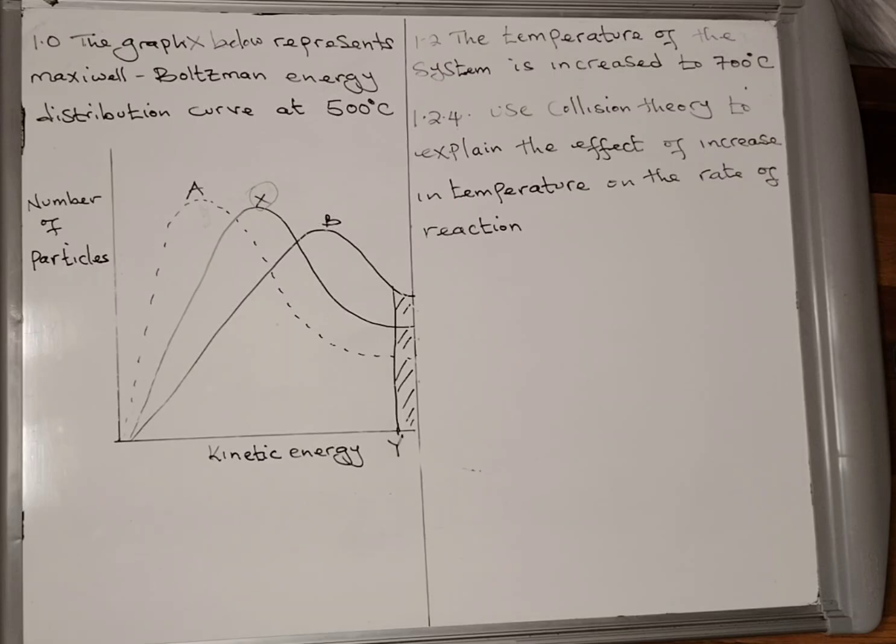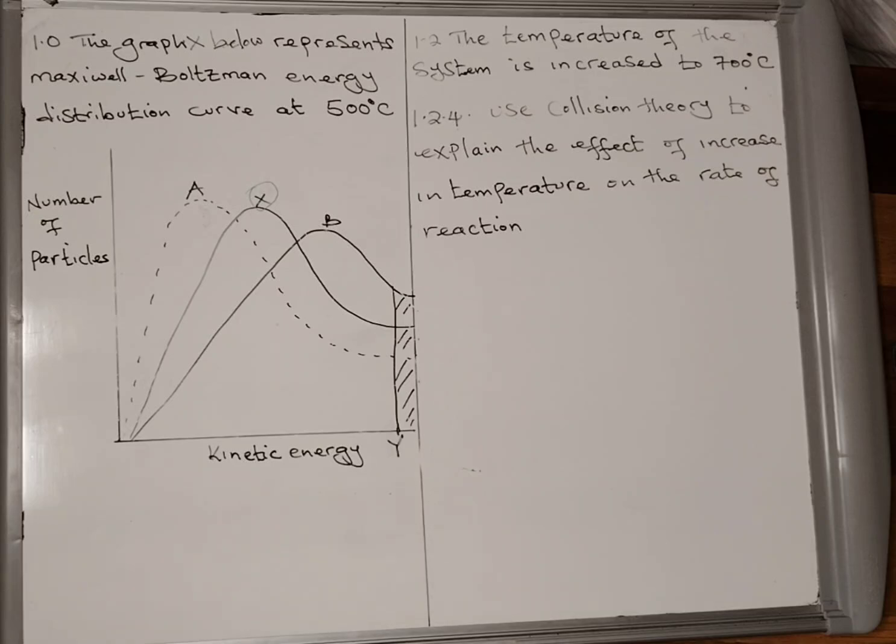And you have to know that not every collision will lead to a reaction. So the collisions which are significant here are what we call effective collisions. Effective collisions are those collisions when they collide, the particles will react. So generally we can put the statement and say that increase in temperature increases the frequency of effective collision, which increases the rate of reaction.